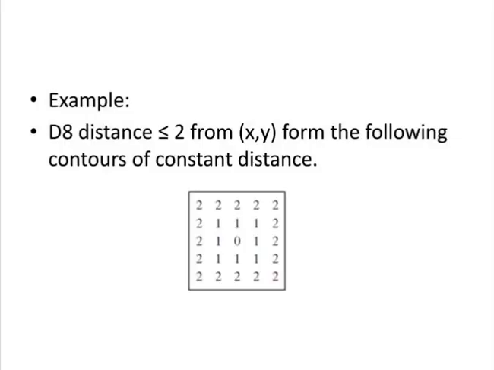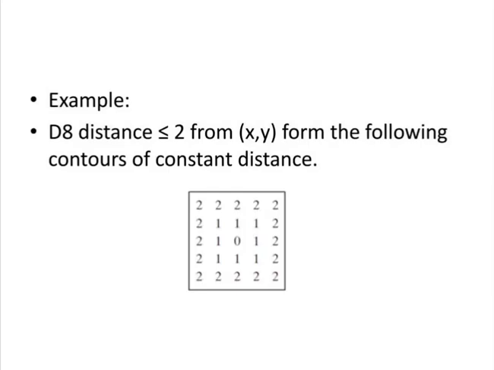For example, consider the following arrangement of pixels and assume that P, P2 and P4 have value 1 and that P1 and P3 can have a value of 0 or 1. Suppose that we consider the adjacency of pixel value 1, that is V is equal to 1.